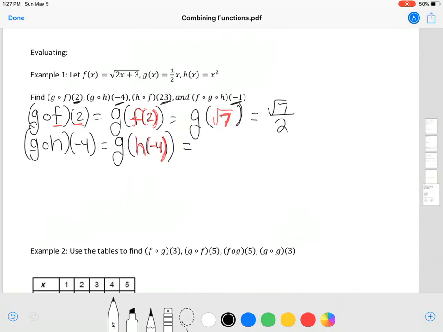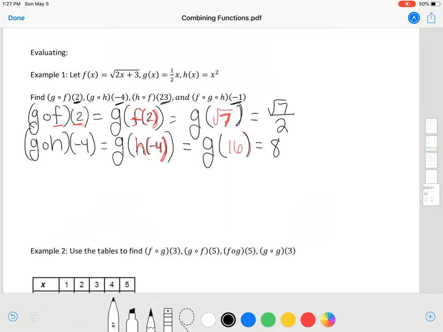I'm going to look at my h function, which is x squared, and when I plug in -4, -4 times -4 is 16. So h of -4 is 16. Now I'm going to replace h of -4 with 16, take my 16 and plug it into my g function, and 1/2 times 16 gives me 8.